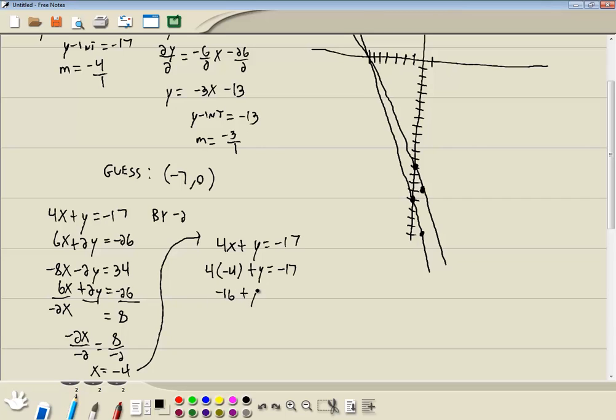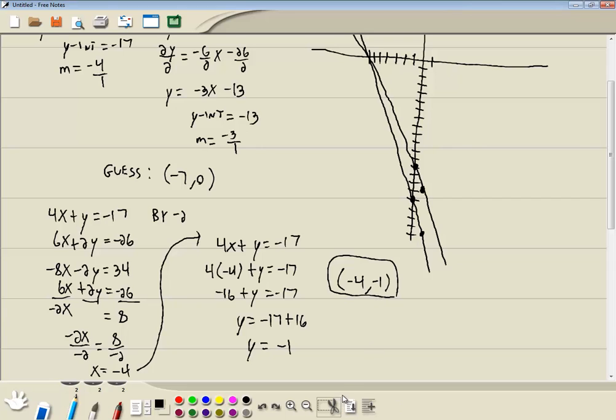So we got negative 16 plus y is equal to negative 17. Take the negative 16 over. It becomes a positive 16. And we end up with y is equal to negative 1. So our answer will be negative 4, negative 1. Geez, I wasn't too close, was I? I said negative 7, 0. But that's what we come up with.